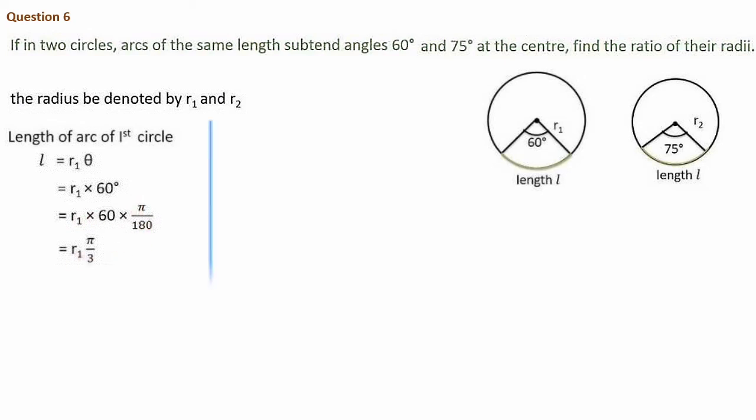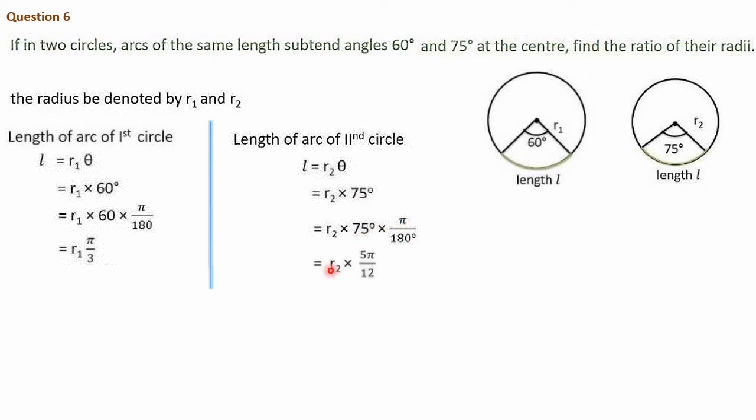Okay. Then next portion, length of the arc of the second circle. That is this one. Length of the arc of the second circle means L is equal to r2 theta. Both we are using L only because same arc length, same quantity. That is equal to r2 into theta is 75 degree. We convert the 75 degree into radians. That is r2 into 75 into multiply pi by 180. That is equal to r2 into, when we cancel here, 5 and 180 will be coming.